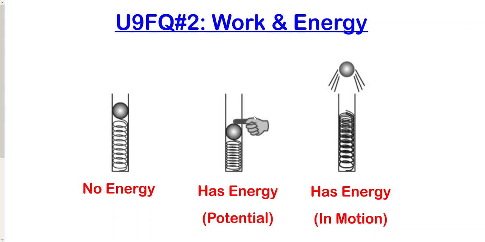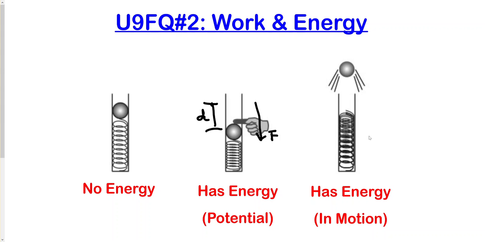However, if we take our finger and apply a force down to it, it would have some displacement. And so we know from our last unit, we would say that work is done. And now that ball has energy, right? If I remove my finger, it's going to go flying. So it has energy, it has the potential to do something.